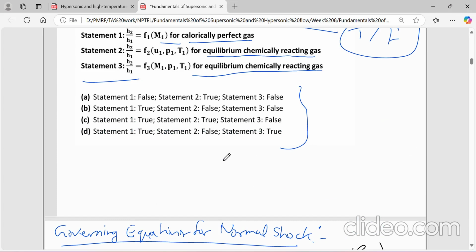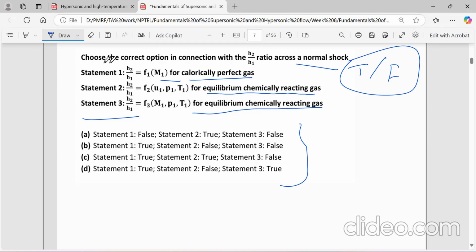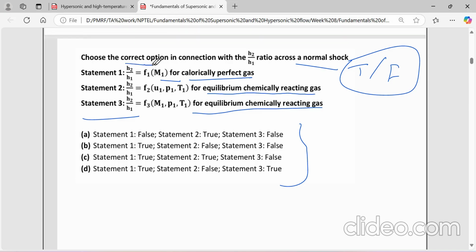If someone joined, I was talking about this one problem in which we have to tell which statement is true or false. The problem was: what is h2 upon h1 across a normal shock. For calorically perfect gas, it is a function of M1.